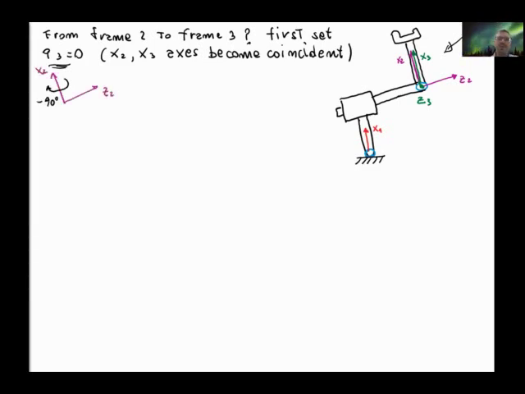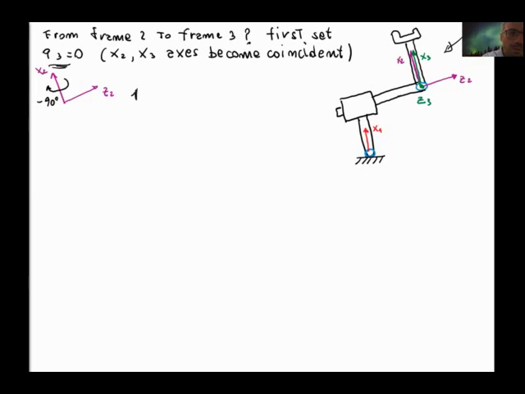And if you look at frame 2 and frame 3, you see that in essence, you can obtain frame 3 by rotating frame 2 minus 90 degrees about the x2 axis. So we consider this first rotation of minus 90 degrees about x2. How does it look?